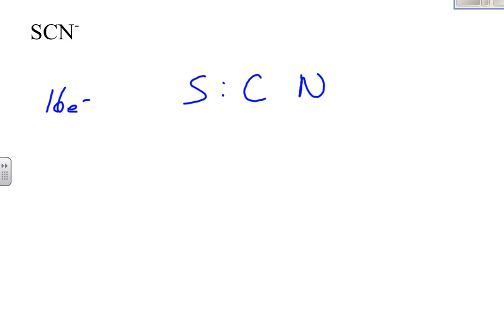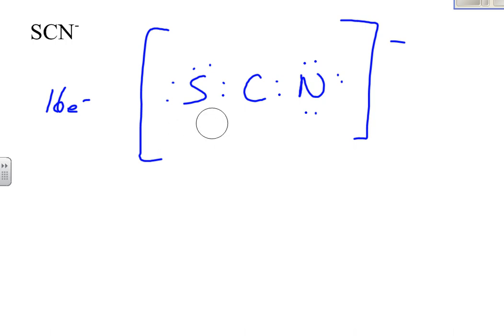We do a pair for each bond. Now we put in all of the electrons. What seems obvious here is to make double bonds on each side. Okay?